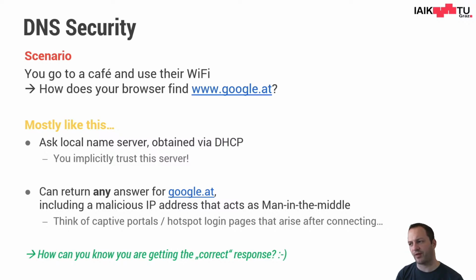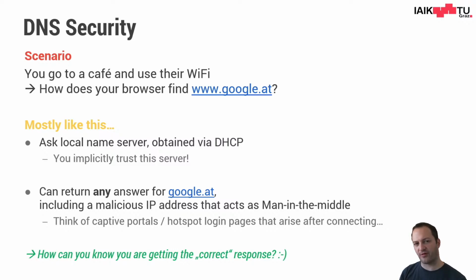So something you've definitely got in touch with already is if you went to, for example, a hotel room and tried to use the internet prior to authenticating. A lot of hotels nowadays use so-called captive portals. So let's say you go to some domain, and the first thing that happens is that you see some login screen, and then you have to authenticate. So they actually do exactly this.